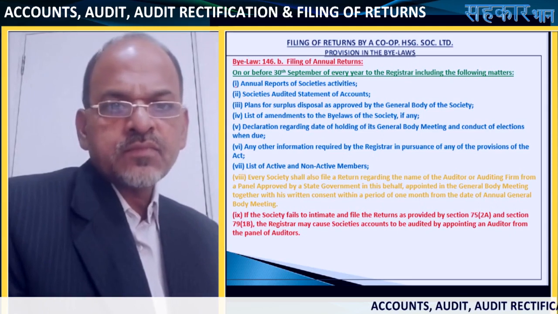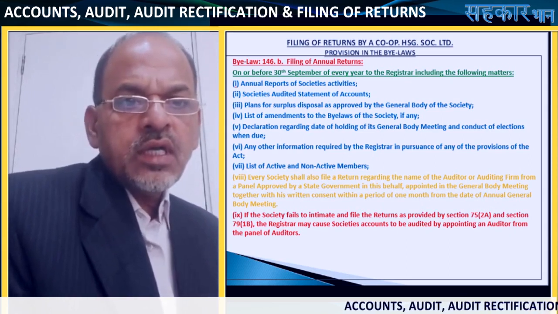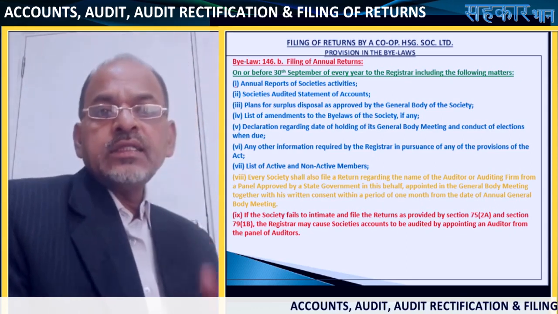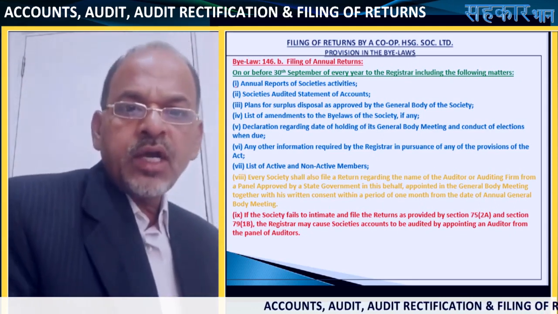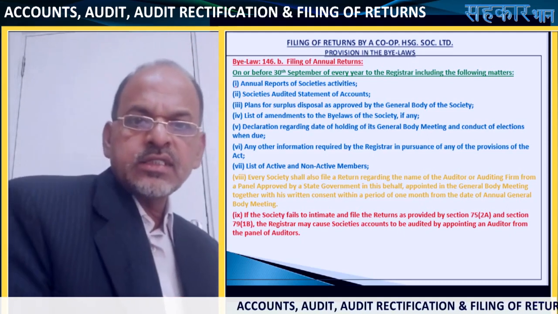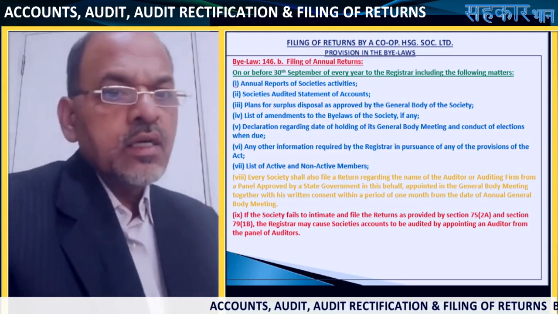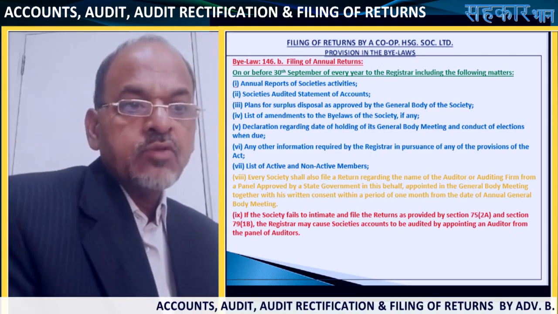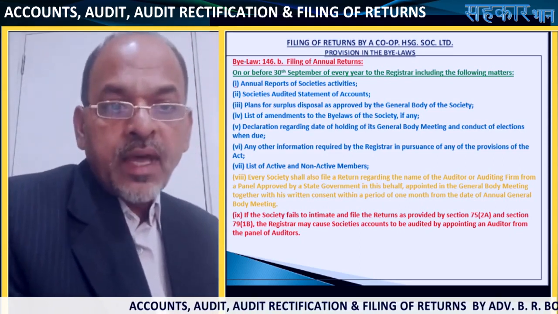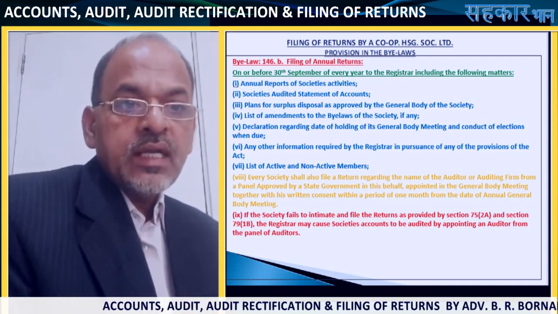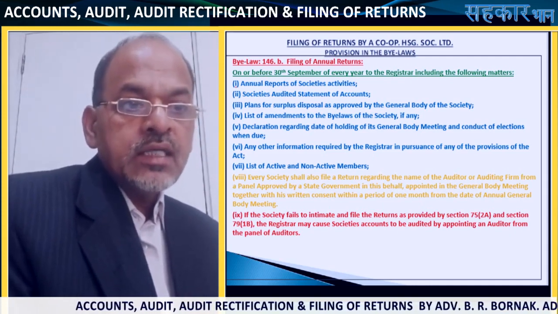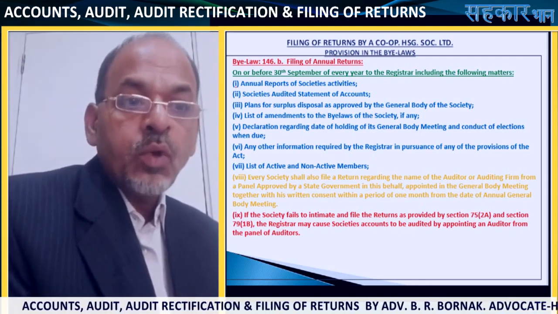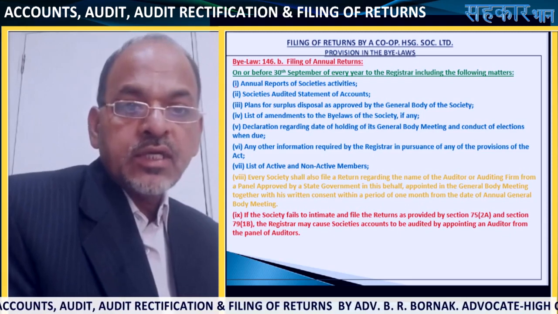Now here, the next point, that is the return of appointment of auditor, which I already explained under section 79. Every society shall also file a return regarding the name of the auditor or auditing firm from a panel approved by the state government in this behalf, appointed in the general body meeting, together with his written consent, within a period of 1 month from the date of the annual general body meeting in which that auditor has been appointed.